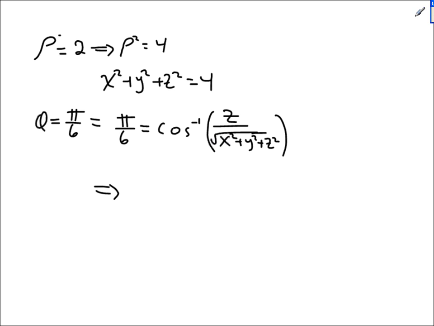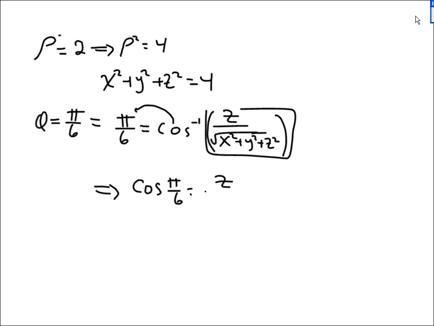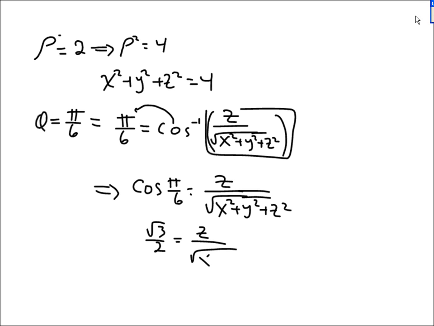But this implies that the cosine of this angle is equal to this mess: z over the square root of x squared plus y squared plus z squared. Cosine of pi over 6, I think, is square root of 3 over 2. That equals z times this. Well, that's definitely rectangular. I don't see r's or thetas. I just see x's and y's.